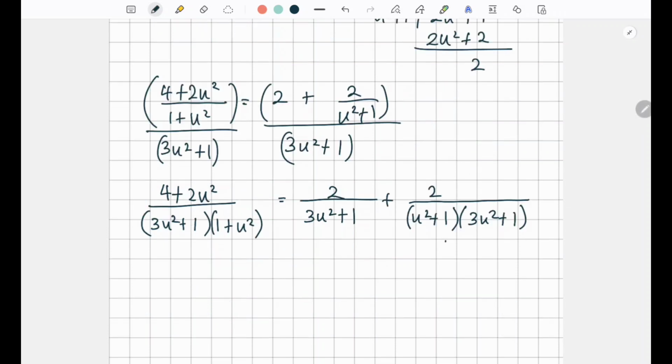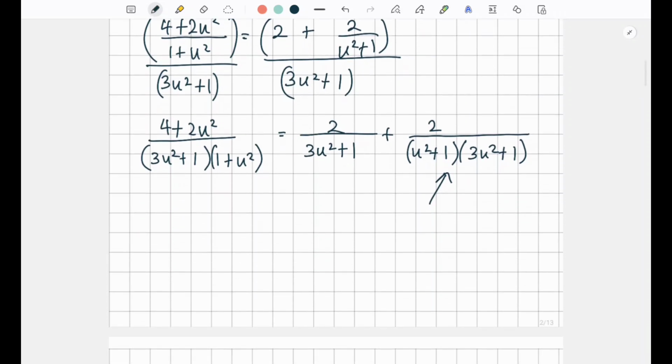And now you can see we have another fraction we need to worry about, which is 2 over u squared plus 1 into 3u squared plus 1. Now we could break that down into two fractions. Easy.